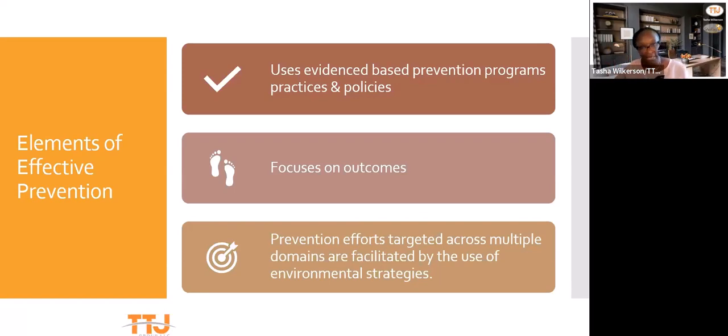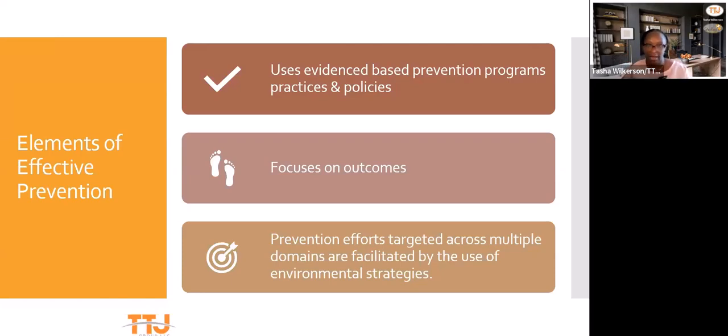If that program leaves, or isn't effective anymore, then I want you to point back to that outcome. And that is what effective prevention is. It focuses on the outcome, and it builds around that outcome by saying these are the different types of programs, practices, or policies that we could put around it.